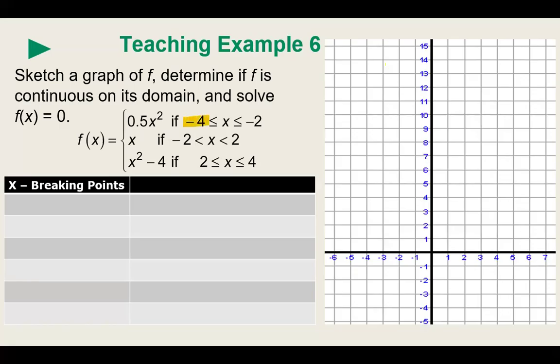So -4, -2, -2, 2, 2, 4. Those are the points that matter. These are the breaking points for my first piece, these for the second piece, and these for the third piece. You're going to do them piece by piece to create your function.